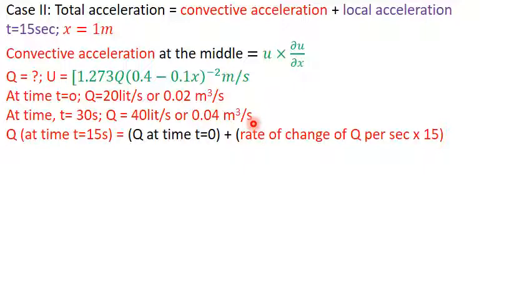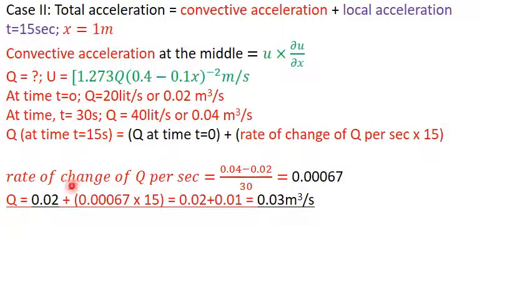So to find out the total acceleration at 15th second, we need the discharge at time t equal to 15 seconds. That is obtained by adding the initial value of Q with the product of the rate of change of Q per second and the time 15 seconds.